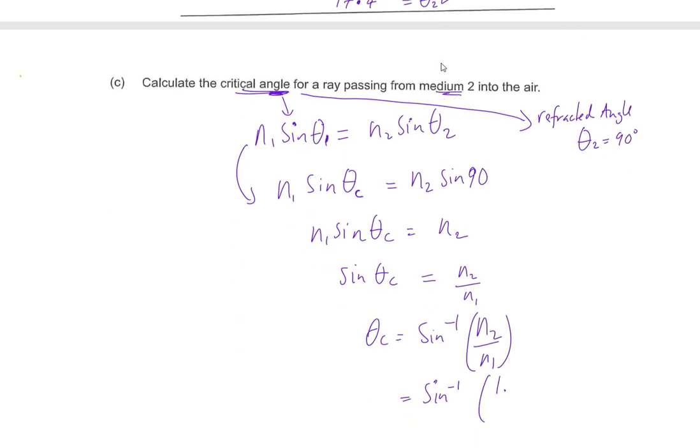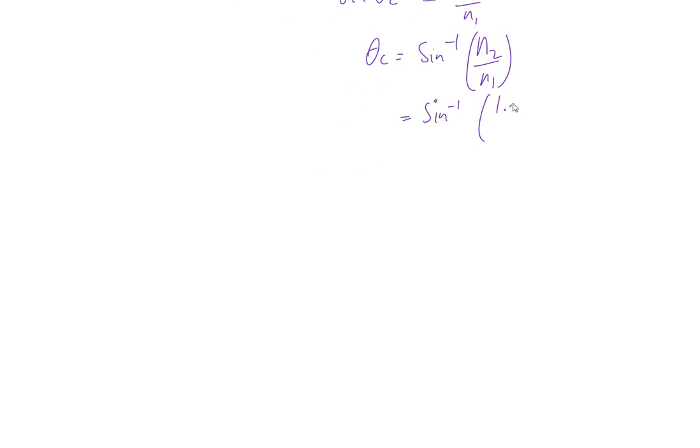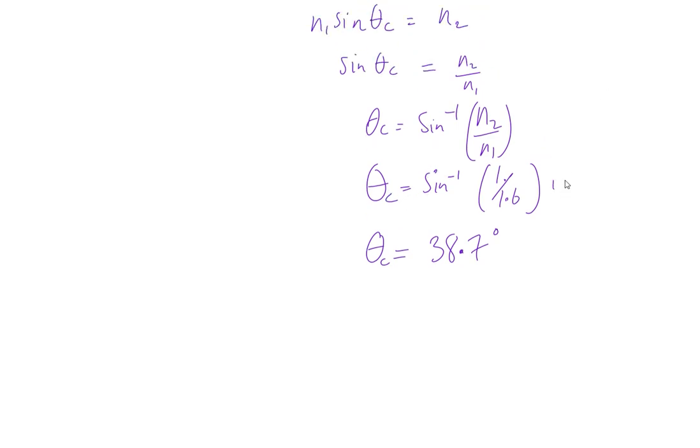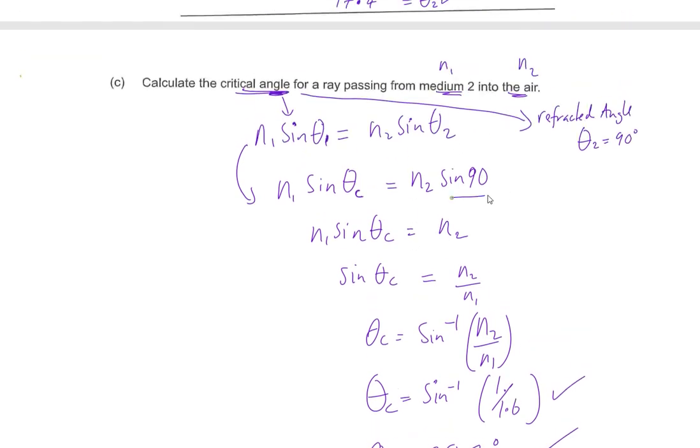We're going from medium 2, so n1 will be medium 2, and air will be n2. So the critical angle is sine inverse of 1 divided by 1.6, and this will give me 38.7 degrees. I need to see your points, because this is just 2 marks. I need to see that you've recognized 1, and the other one goes away because sine 90 is 1. Good. Let's keep going.